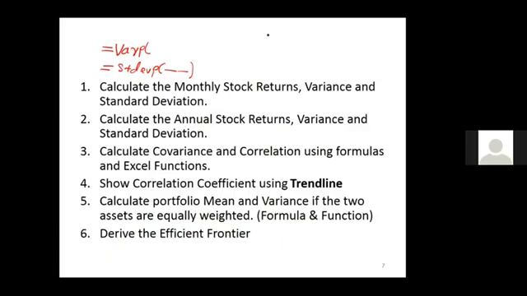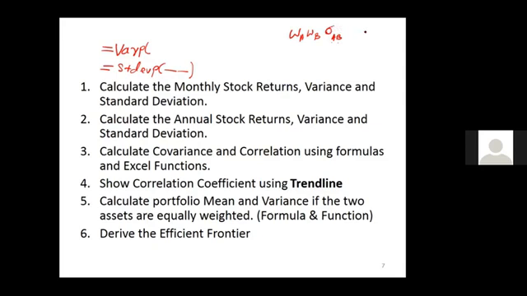At the end of the equation, we use the value WA, WB, sigma AB, if there are two assets. In this case, sigma AB means the covariance value. If you mention two different assets here, it is the covariance between the return on asset A and B.